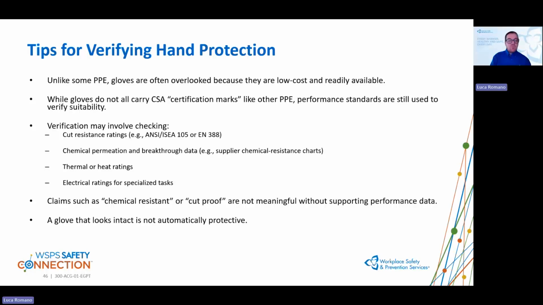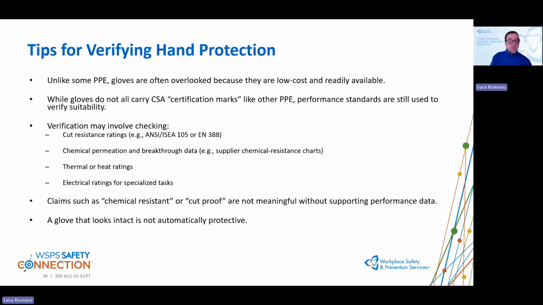And another important thing, especially if it's chemically rated, there should be chemical permeation and breakthrough data available. The supplier should be able to provide this type of information, or at least source it through the manufacturer.